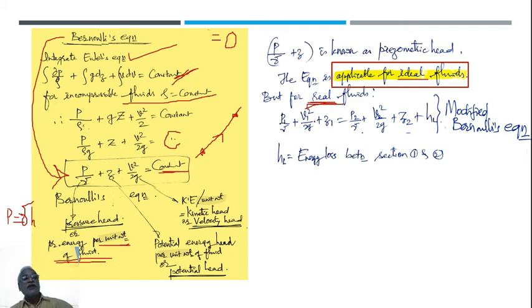So how it is done is, if you call this point as point number 1, and this point as point number 2, now total energy at point 1 can be P1 by gamma plus V1 squared by 2g plus Z1. So all these terms with a suffix 1. So it is nothing but energy at this level. Flow is occurring this way, and then at point 2, obviously it will be losing some head.